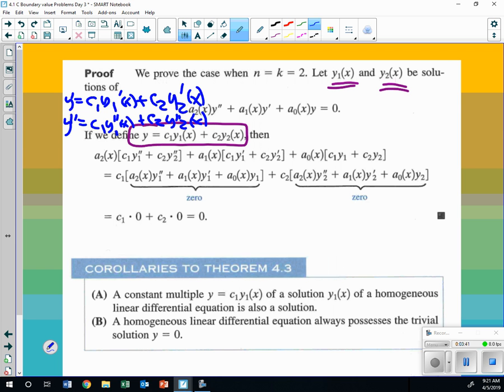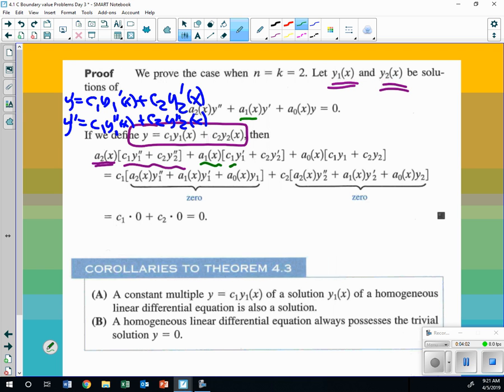All right, when you put them together into this, you can see you have your a2, and you'll just get what we had here, c1 y1 double prime plus c2 y2 double prime. Then we have the next part, a1 of x again. That's a different coefficient.